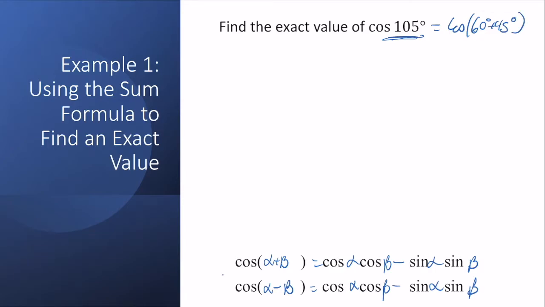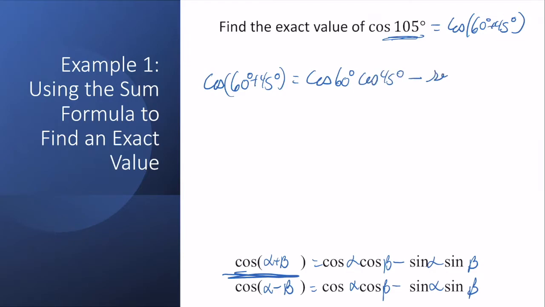Then I can use the sum formula for cosine. So I have cosine of 60 degrees plus 45 degrees is the cosine of 60 degrees times the cosine of 45 degrees minus the sine of 60 degrees sine of 45 degrees.